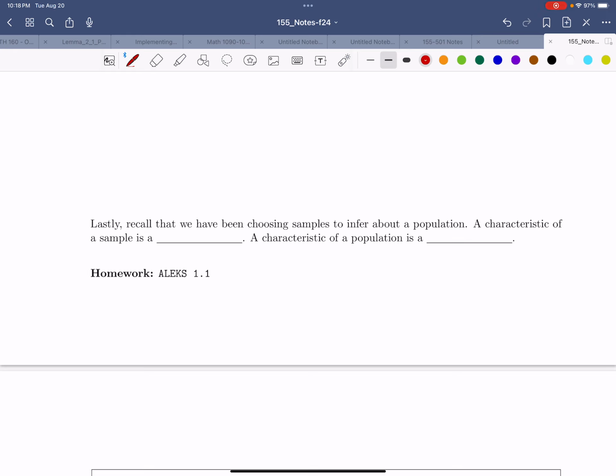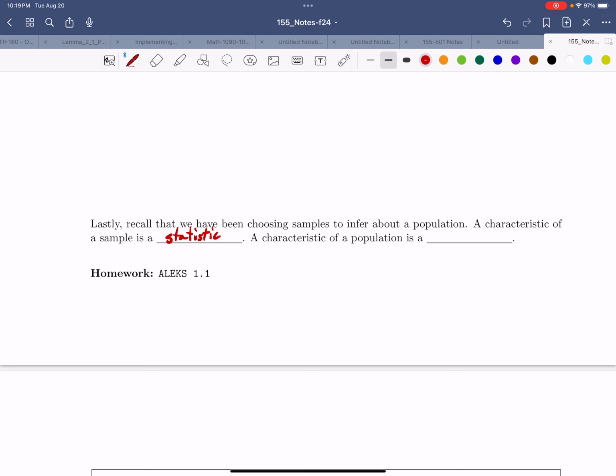And lastly, maybe I should have mentioned at the beginning, but here it is. We've been talking a lot about samples, but remember that we're sampling from a population. A characteristic of a sample is a statistic. So all of these sampling techniques that we're talking about here produce statistics.